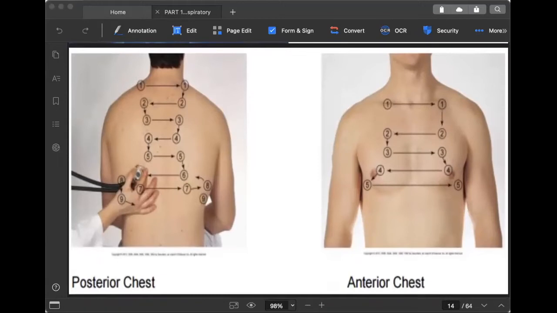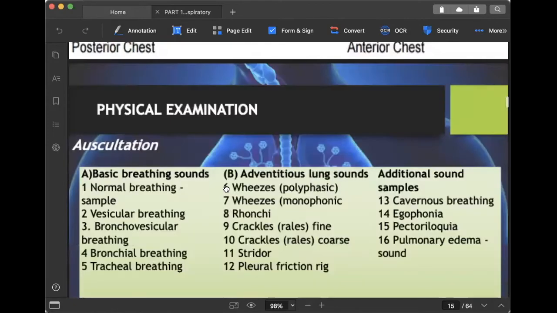In order for you to properly listen to the lung sounds, just follow this sequence from here to here, down to here, down to, and so on and so forth.